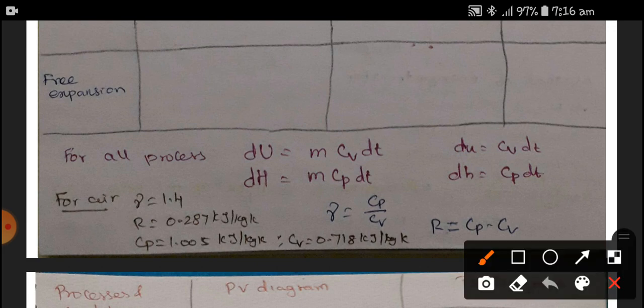Here you have to notice this: gamma is Cp by Cv, and R is Cp minus Cv. So this is the relationship between the air constant and the specific heats. So this you have to notice.